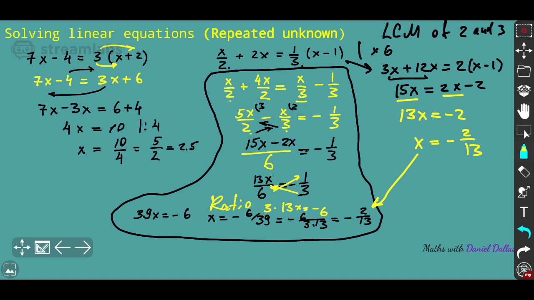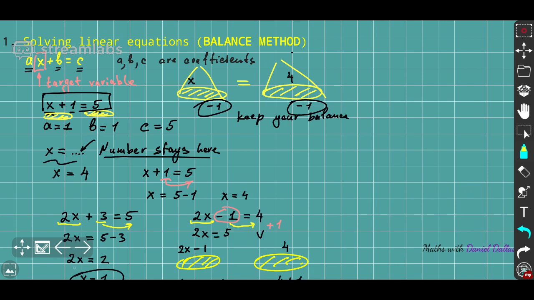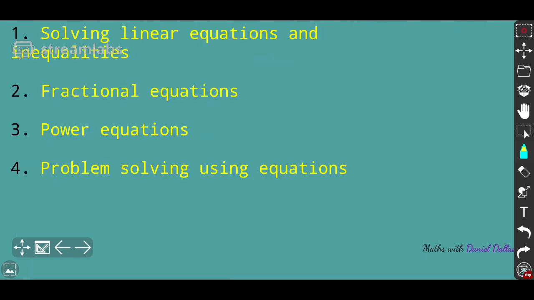Okay, so someone new joined. Hi there. We are doing linear equations right now, but the topic is to go through several types of equations. You can see here: solve linear equations and inequalities, fractional equations, power equations, and problem solving using equations.